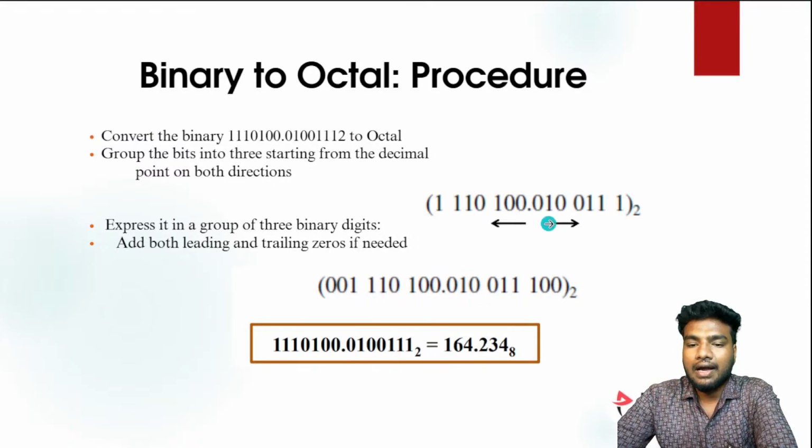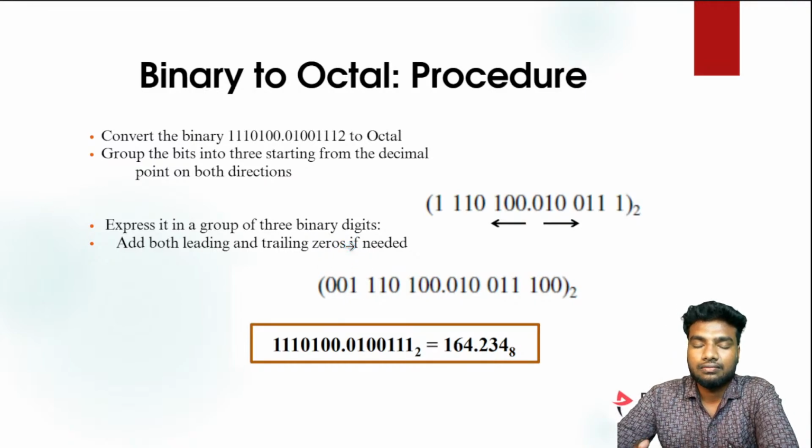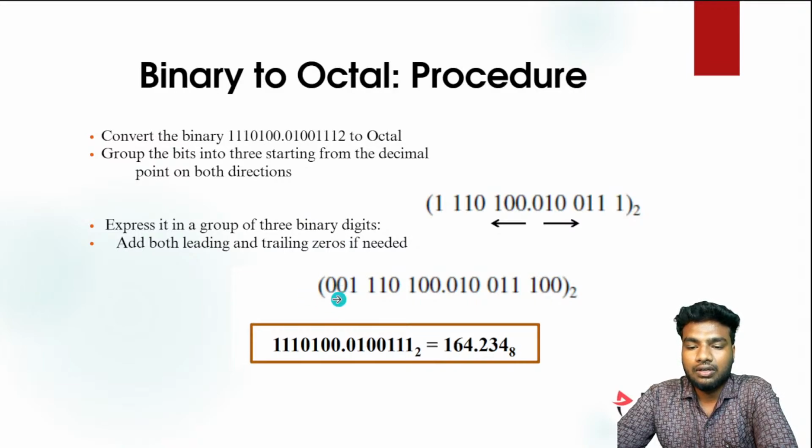Then I grouped it by 3 bits, like 1 0 0 1 1 0 1 from this binary. I just add zeros to complete the 3 bits of an octal value. So I add 2 zeros in the third group.